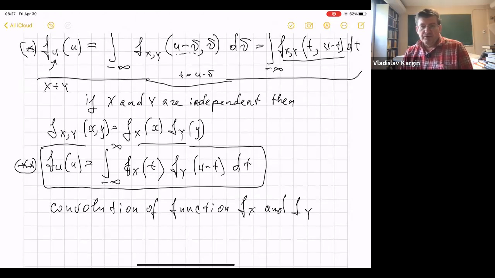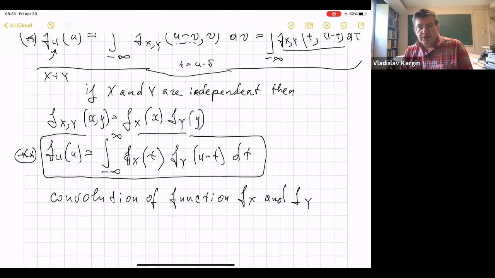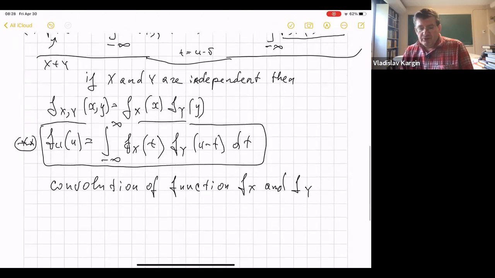It's not only defined for density functions, but in general: you can write it for any function f of one variable and any function of another variable. Here we have t and u minus t, whose sum is equal to u, so it's easier to write down this formula. So it's a convolution of functions f x and f y.